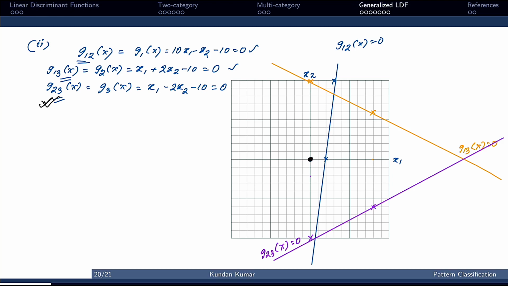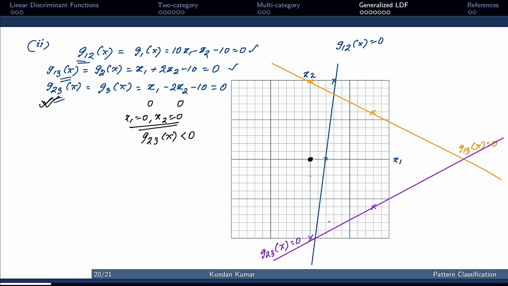Just put x1 as 0 and x2 equal to 0, which is the origin, and we find that g23(x) is less than 0. That means the origin is on the negative side, and the same thing holds for all the decision surfaces. That means the origin is on the negative side.